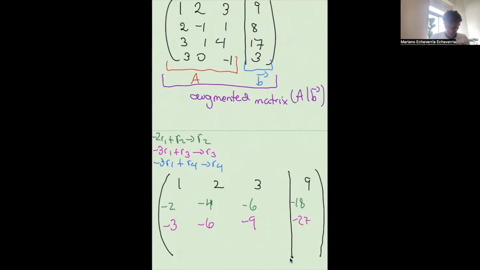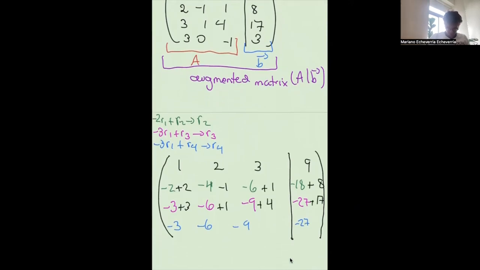And then minus 3 again, so it's minus 3, minus 6, minus 9, minus 27. And that is going to be added to the previous entries in each row. So my plus 2, minus 1, plus 1 is 8. Plus 3, plus 1, plus 4, plus 17. And then plus 3, plus 0, minus 1, plus 3.